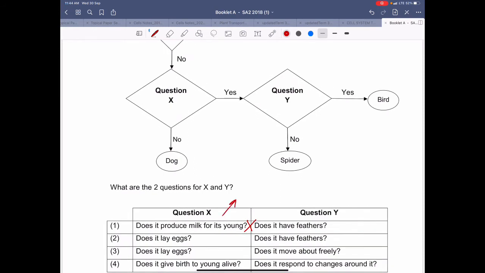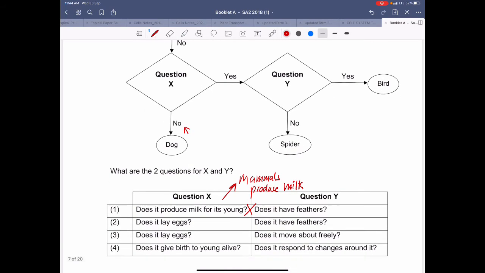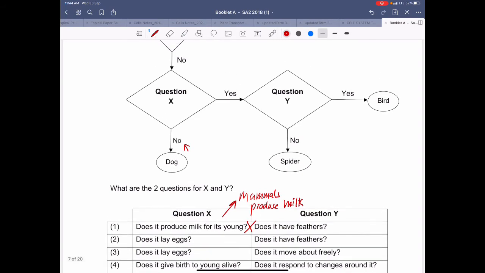In your mind, you should think already, mammals produce milk. So because you know that mammals produce milk, dog is a mammal, this is wrong. Why? Because they say no. Does it lay eggs?